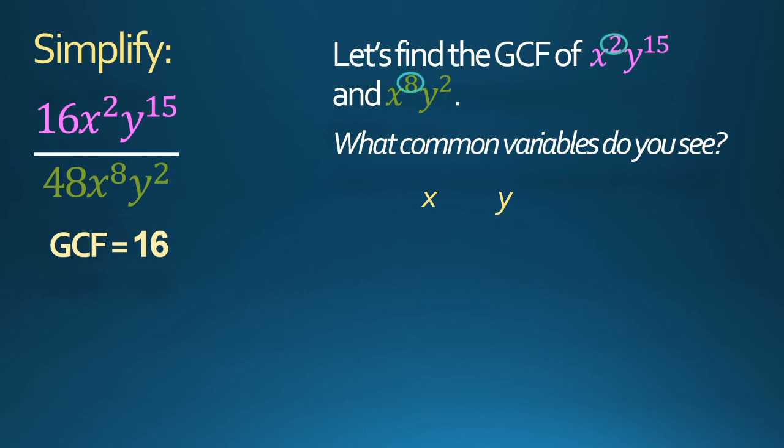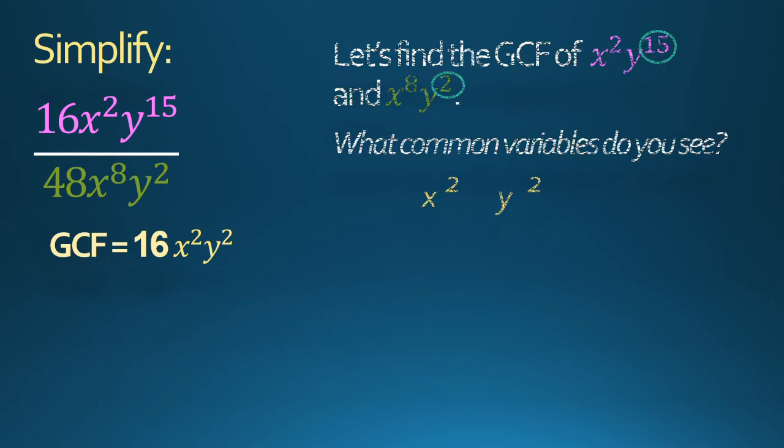Ang mas mababang exponent ay 2. So, yung nilalagay natin exponent sa GCF. Then, for y, ang nilalagay naman natin exponent ay 2 rin. Kasi yun ang mas mababa. So, our GCF for the variable part is x squared y squared. So, yung ating GCF for the whole rational expression given to us is 16x squared y squared.